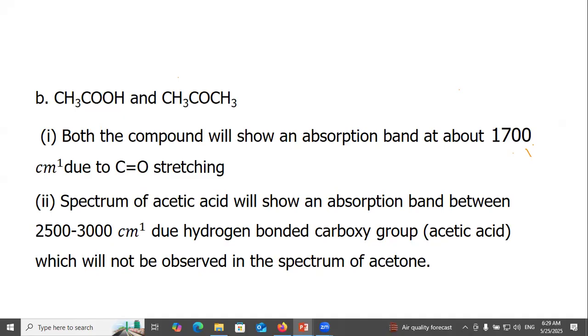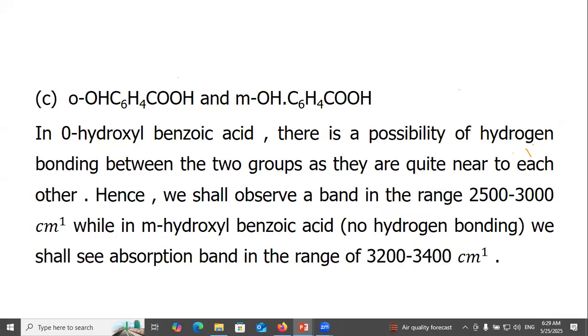In case of acetone, the 2500 to 3000 per cm absorption is not observed, but the carbonyl group absorption, C=O stretching at 1700 per cm, is observed in both of the compounds.